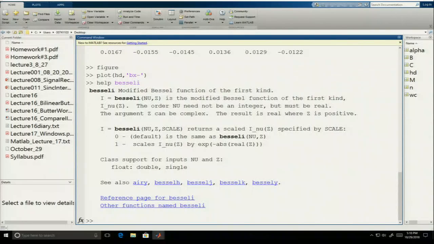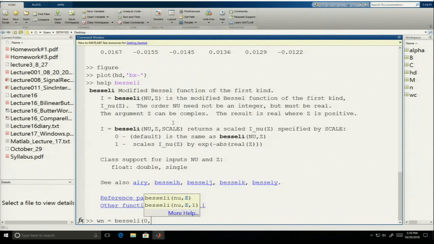If you do a help on besseli, it tells you modified Bessel function of the first kind, which is what we need, where nu is the order. And nu doesn't need to be an integer, but for us it's always 0th order for these problems that we're working. So we can say Wn is besseli.